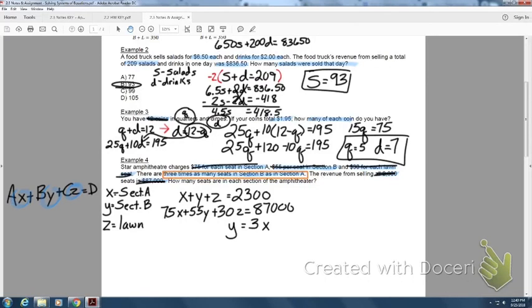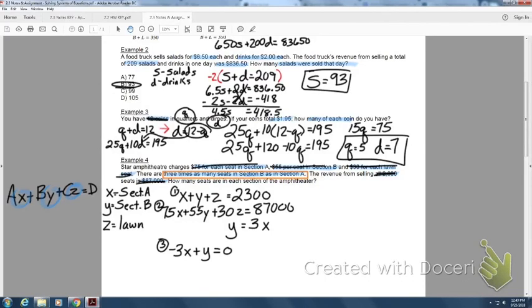So I can subtract 3x to the left. There's nothing left on the right. And let me write it like this actually. I'm going to put it in order. So negative 3x plus y equals 0. And so these are the three equations that I'm going to put into the matrix.